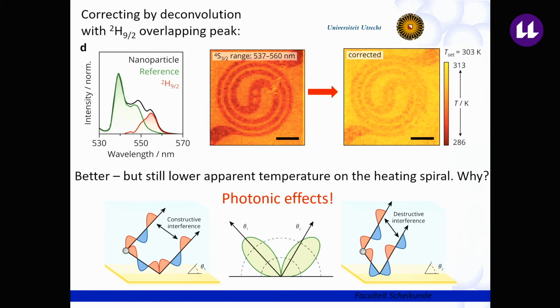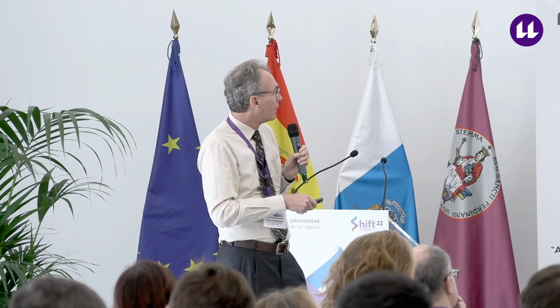After correction, you see, first of all, that the temperature gets a bit higher, as you expect. But you still see that the spiral seems to have a different temperature than between the spiral. That's weird, you don't expect that, because it's just at room temperature. Those are photonic effects. I will explain them later.